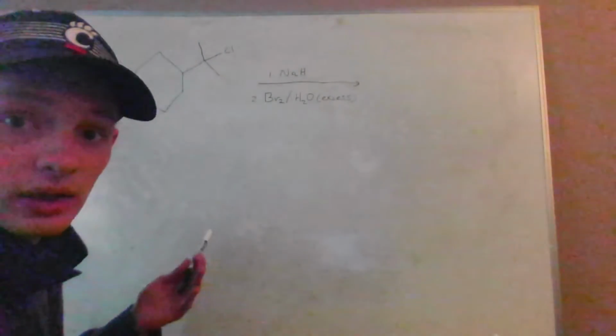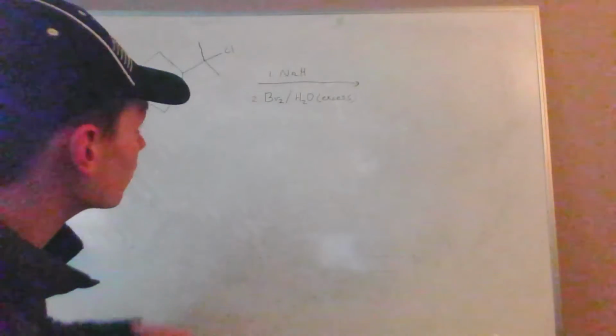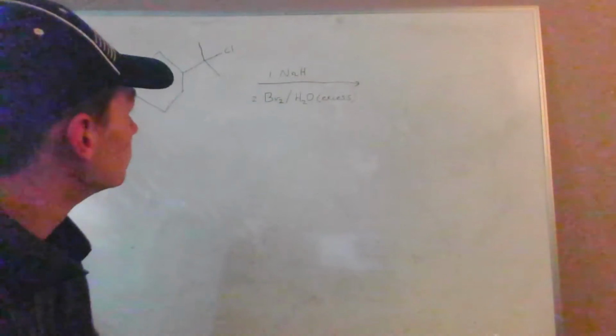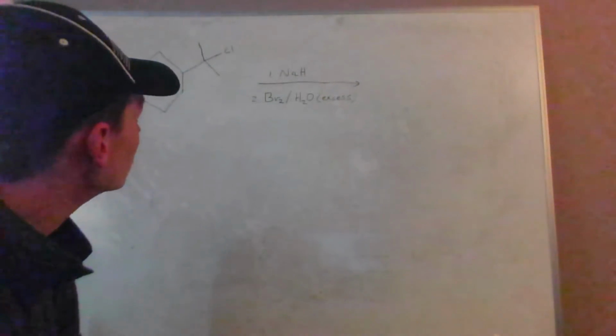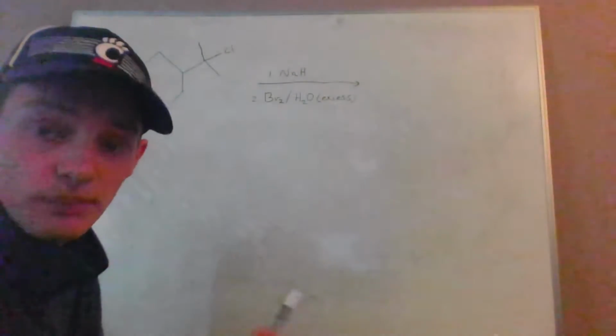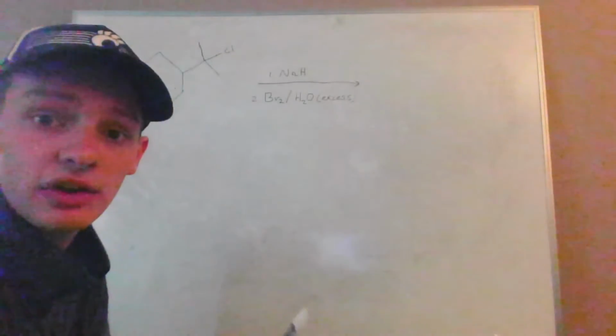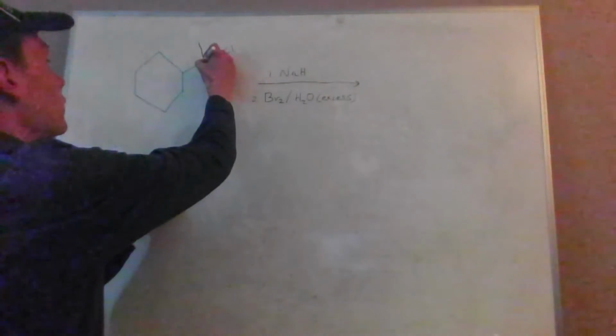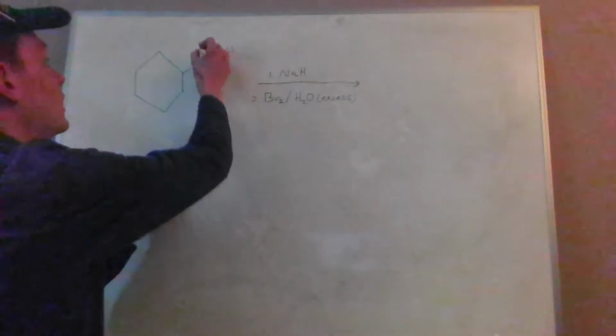The first thing we want to do is make sure that we have a good leaving group, which we do. We have chlorine that is certainly going to leave. Now, the next thing we need to do is identify the carbon bearing that leaving group as primary, secondary, or tertiary. And we see that this carbon atom obviously is bonded to our leaving group, but it has two methyl groups here and here.